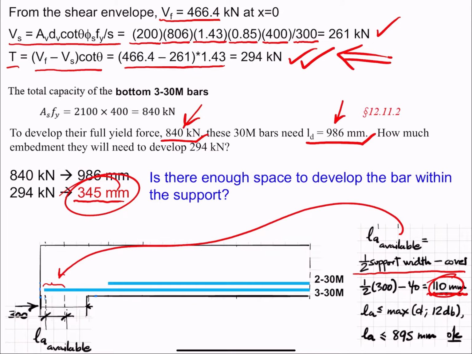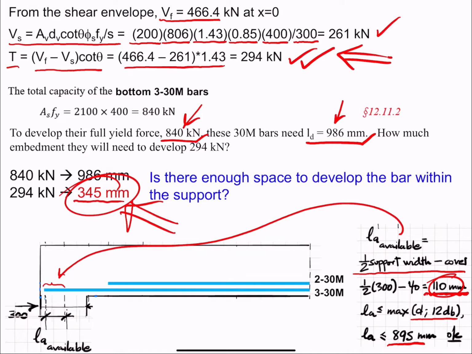That embedment length has to be less than the maximum of these two values. So I have 895, but the one that I have, of course, is 110, which meets that requirement, but is less than 895. So when I compare 110 millimeters against what I need, I don't have enough.